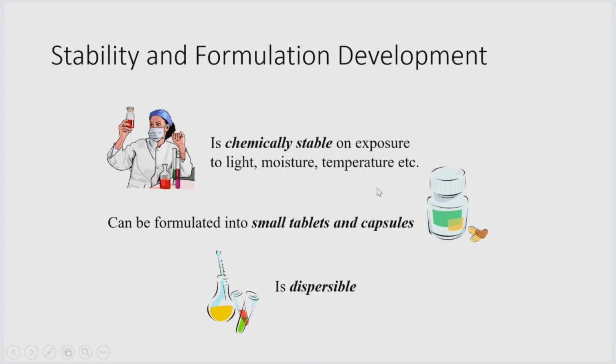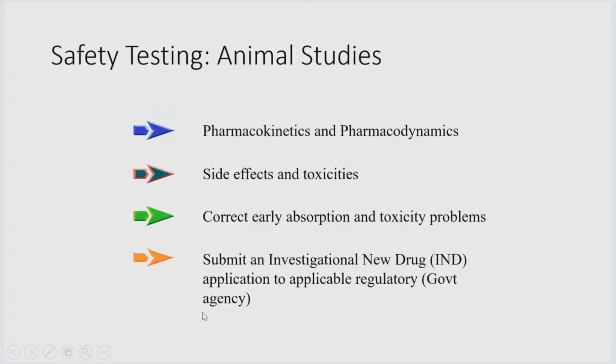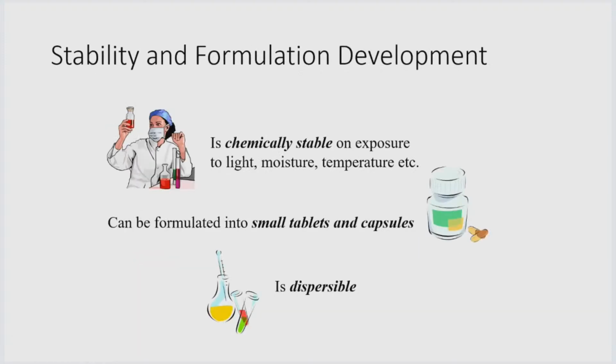And what formulation they can bring, like maybe a small tablet or a capsule, and which route they can administer it: oral, IV, IM. All this happens in the laboratory only.